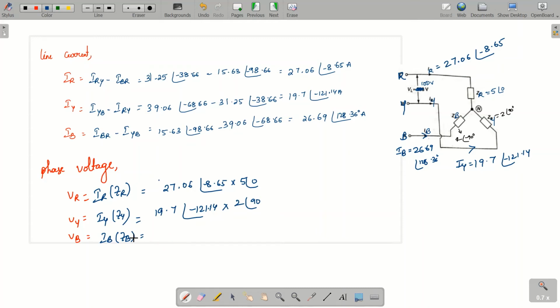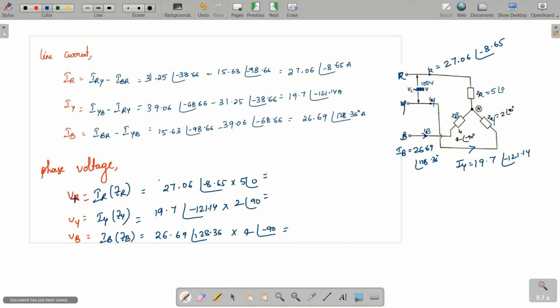Similarly, in phase B, the current flowing is 26.69 at an angle of 128.36, into its impedance ZB, 4 at an angle of minus 90. In this way you can find the phase voltages.